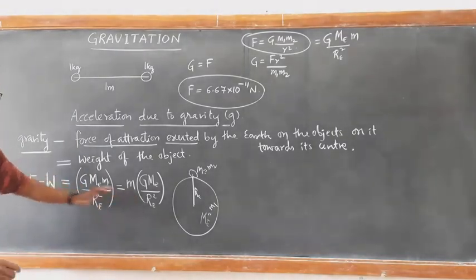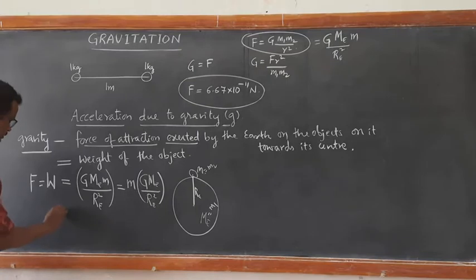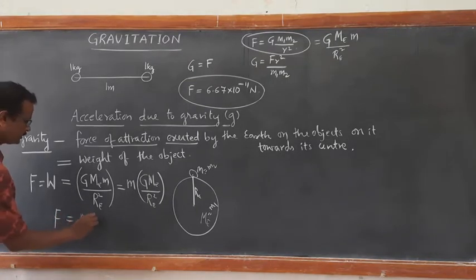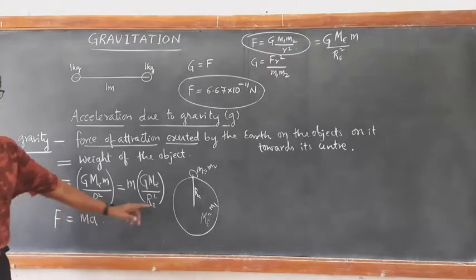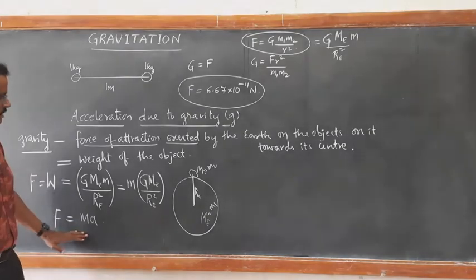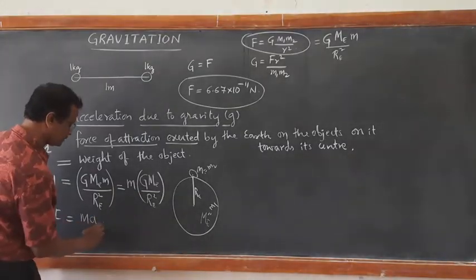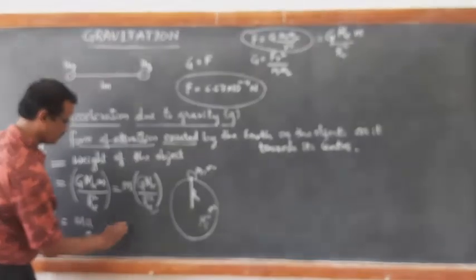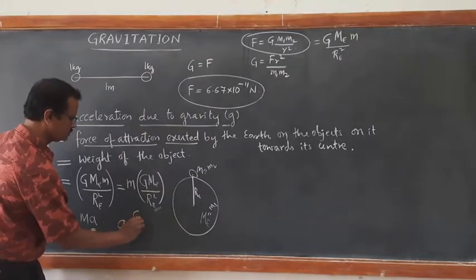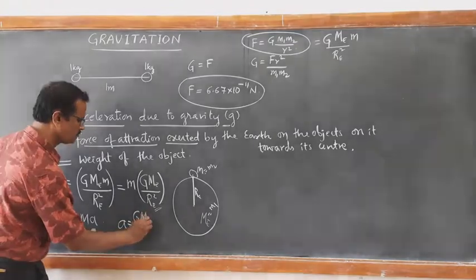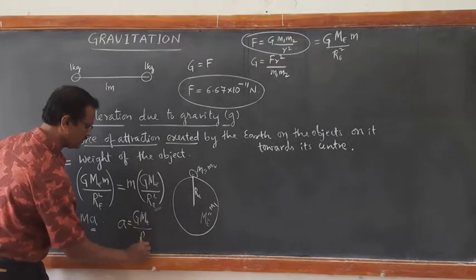I can compare this with Newton's second law. What is Newton's second law? It says F equals m into a, mass into acceleration. So compare Newton's second law with this. So this implies that a is equal to this bracket. Therefore, a is equal to GME upon RE square.